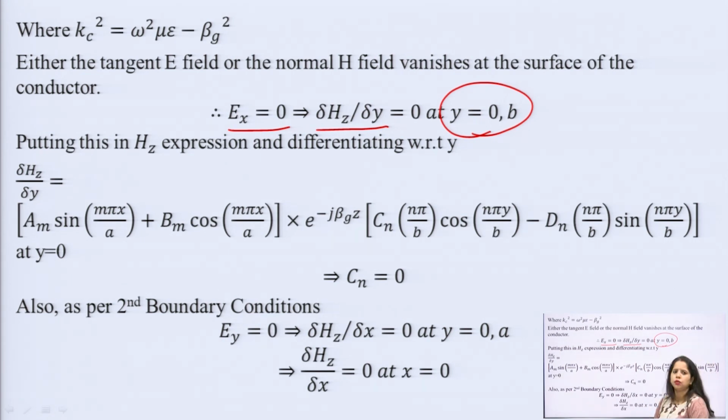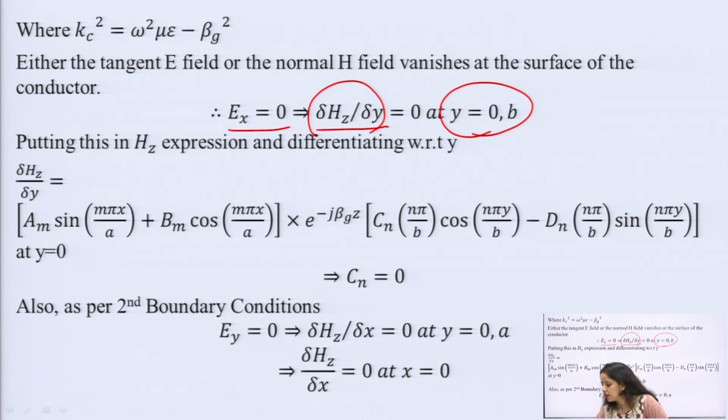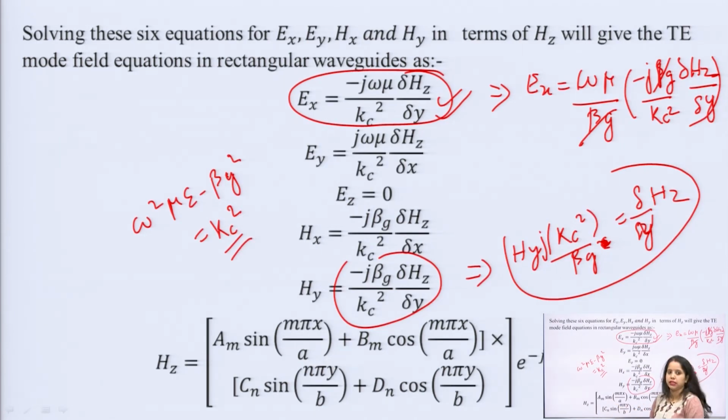So, if we assume the condition for y equal to 0, del Hz upon del y, that is the differentiation of Hz with respect to y, is equal to 0. So, we are going to differentiate the Hz component which is available with us. This is our Hz component.